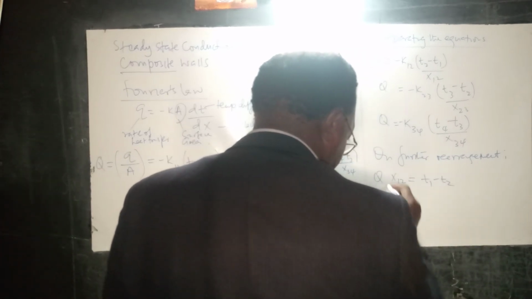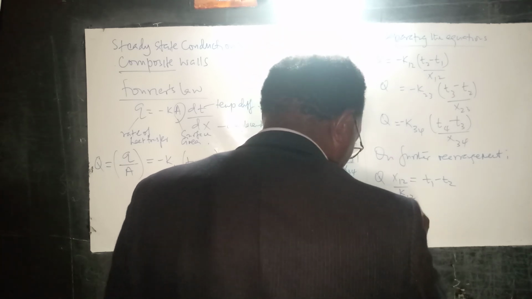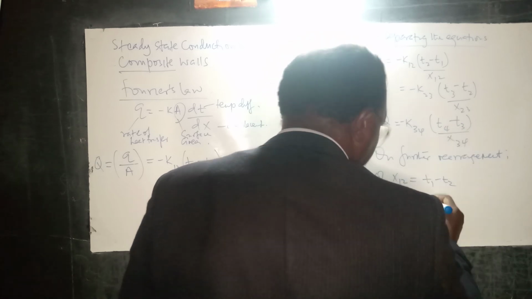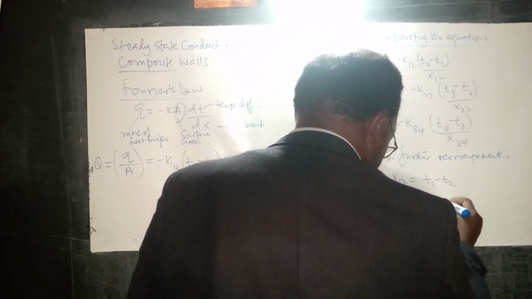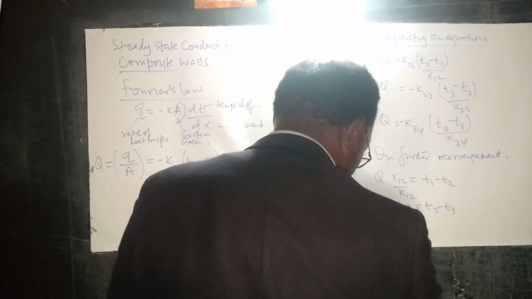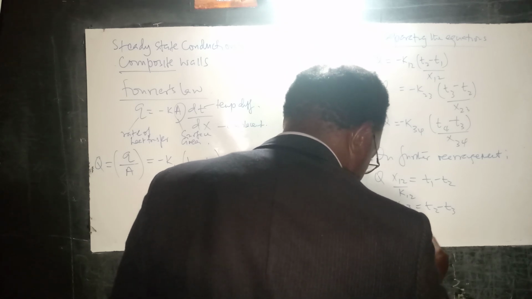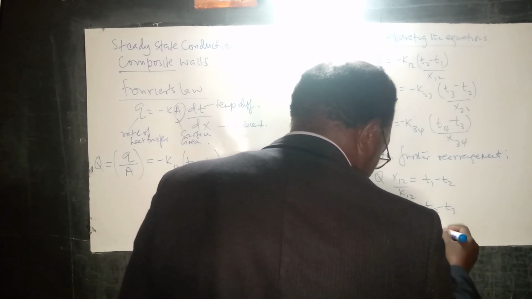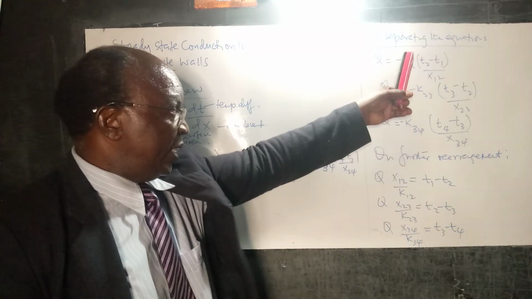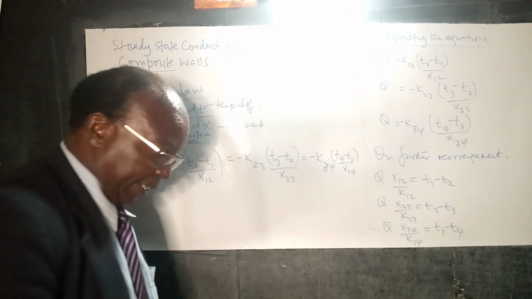Then we have Q X23 over K23 equals T2 minus T3, and Q X34 over K34 being equal to T3 minus T4. That's a simple rearrangement. We have just taken that coefficient on the left hand side together with that displacement there.